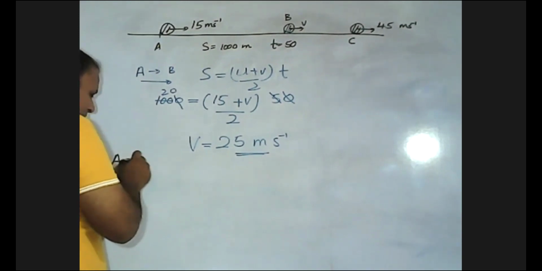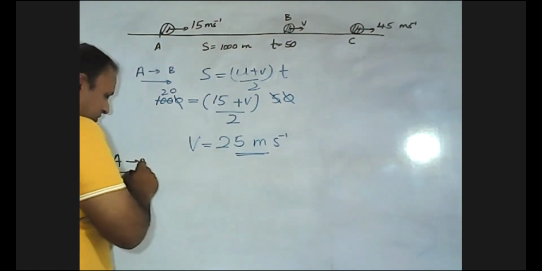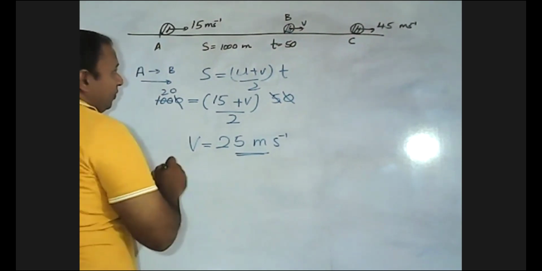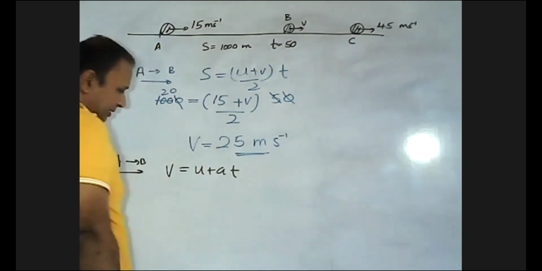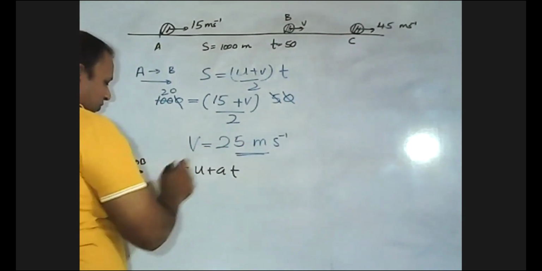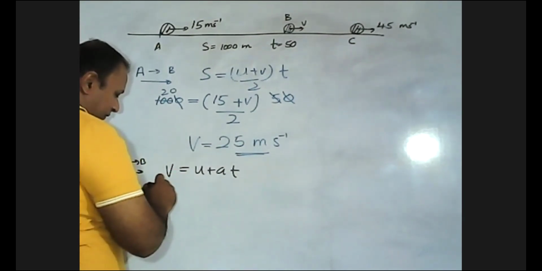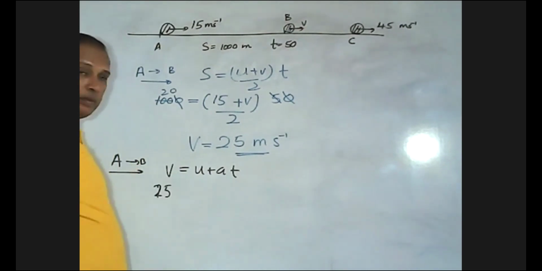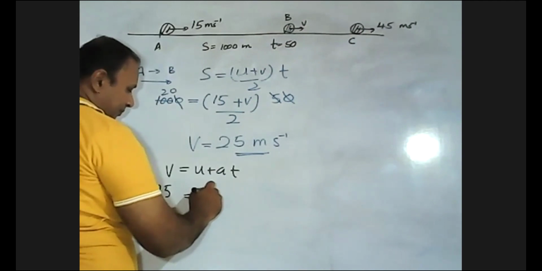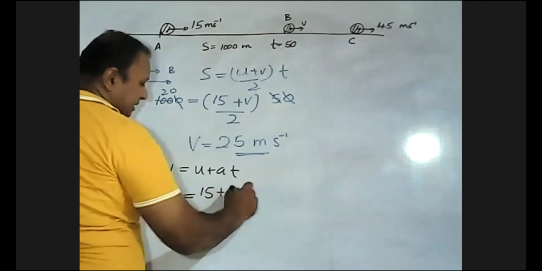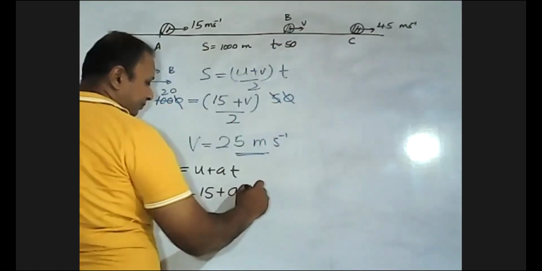So from A to B, V equals U plus at. V is 25, U is 15, plus a times t, which is 50.